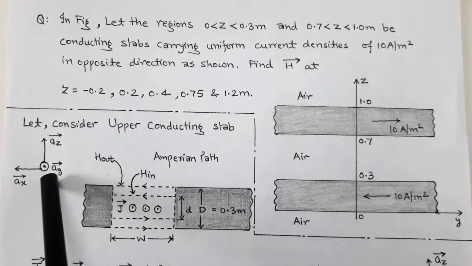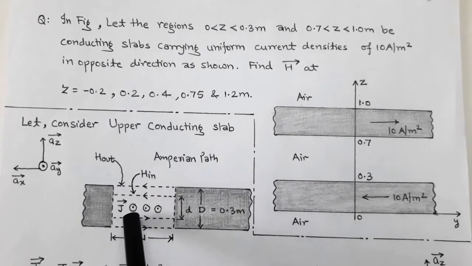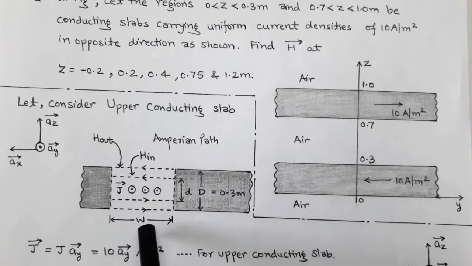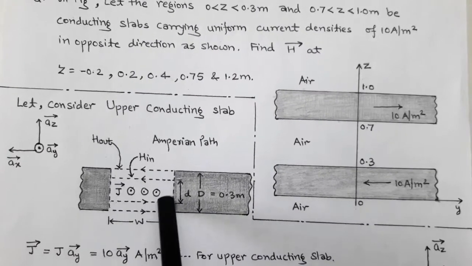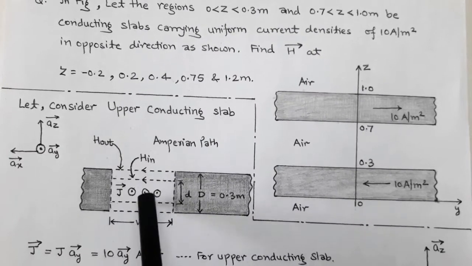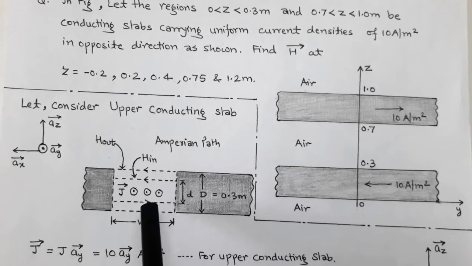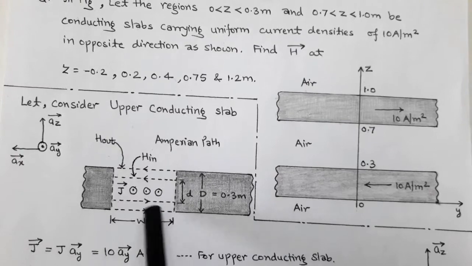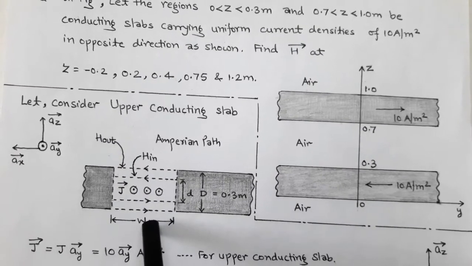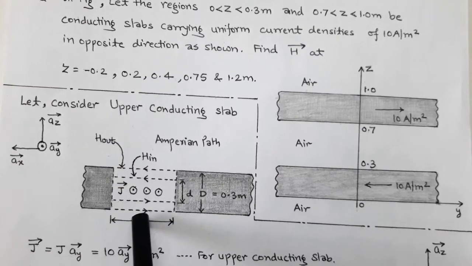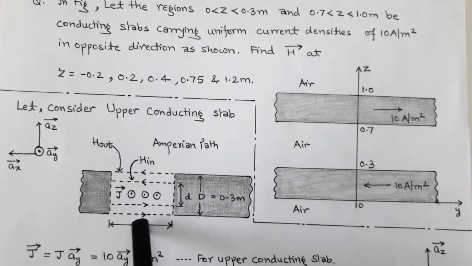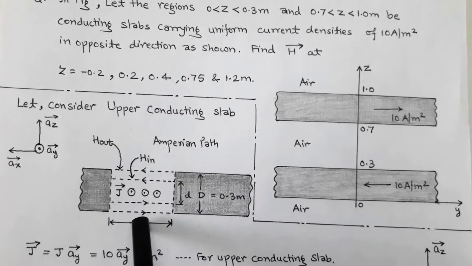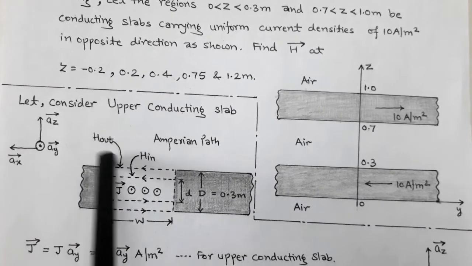By using the right hand thumb rule, we can observe an Amperian path whose direction is anti-clockwise, because the current density is pointed outward, out of the page. The curl of the fingers is the direction of the Amperian path, which determines the magnetic field intensity.